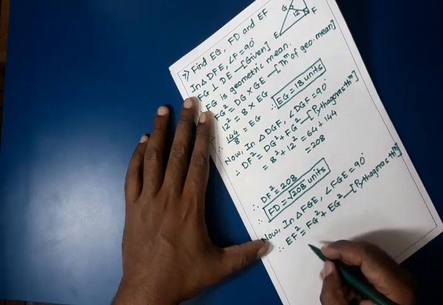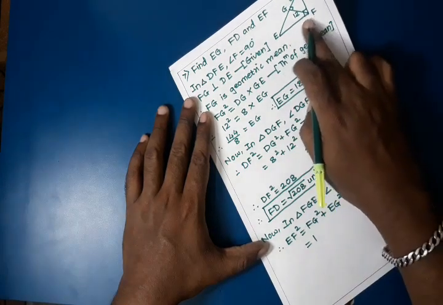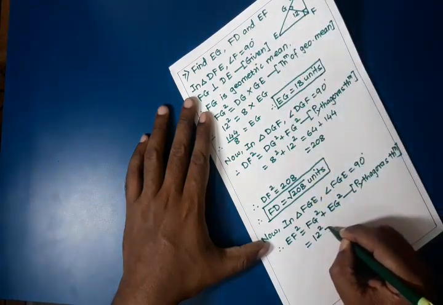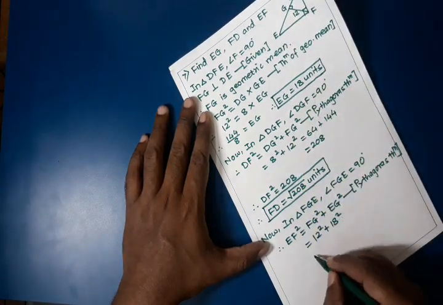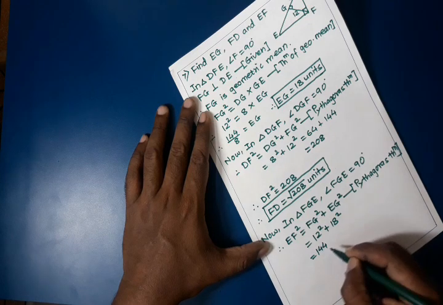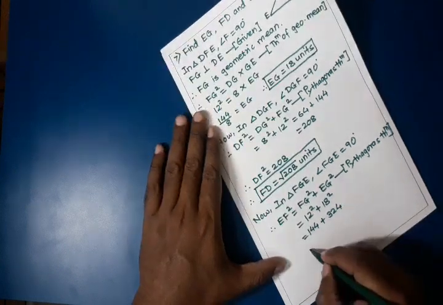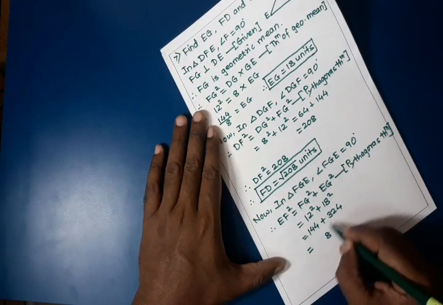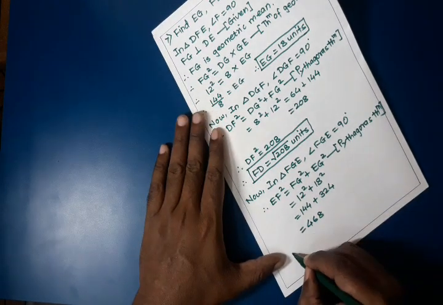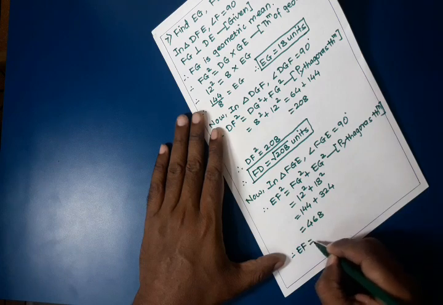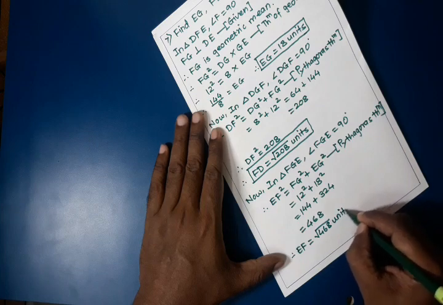Now just substitute the values: FG is equal to 12 square plus EG, which we have found as 18 square. So 144 plus 324, and this addition will become 468. Therefore, taking the square root on both sides, EF is equal to under root 468 units. You can simplify these values.